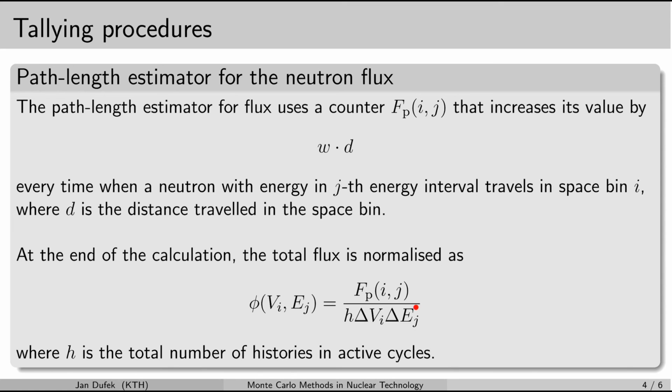And then again, some codes also normalize it by the volume of the spatial bins and the width of the energy bins. Nevertheless, again, you have to check whether this normalization is done by default by the code.